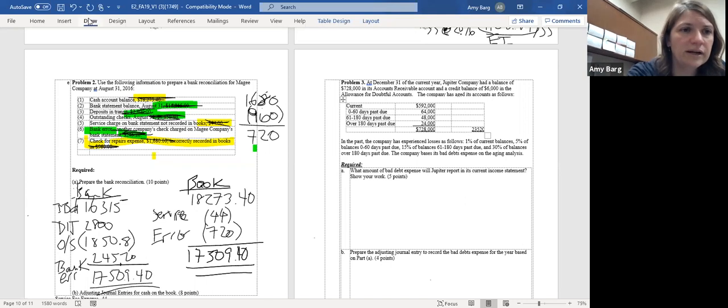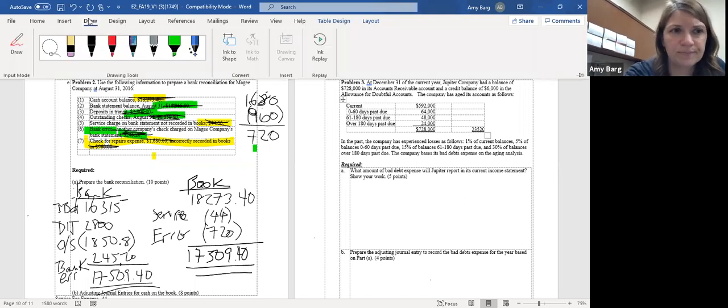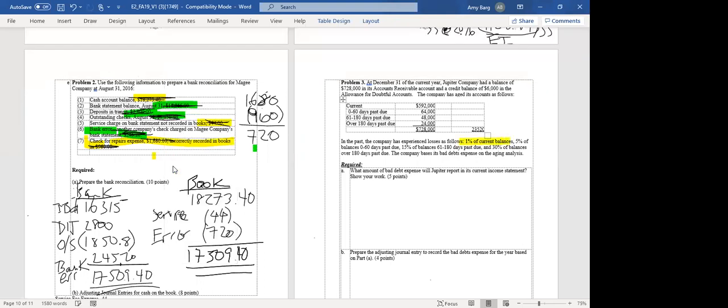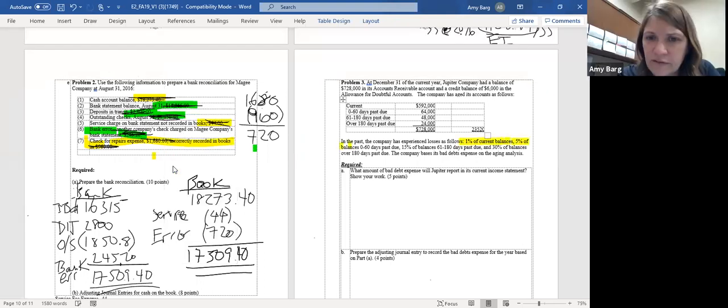And somewhere in here, they're going to tell you what percent of all of these things they're expecting not to collect. So it says that 1% of current balances, 5% of balances 0 to 60 days, 15% for 61 to 180 days, and 30% for 180 days or more. So we're going to use all that information.